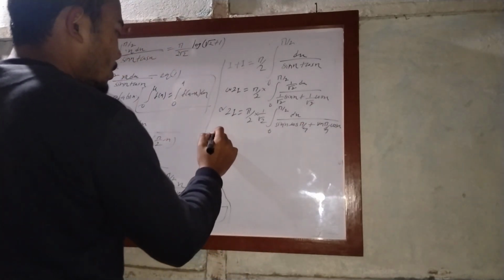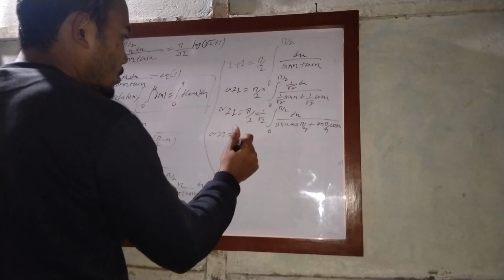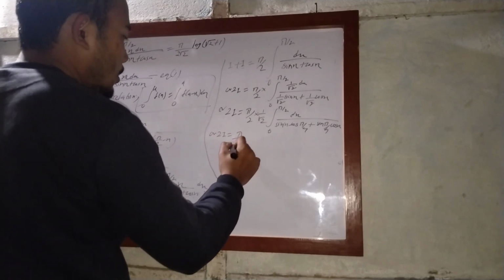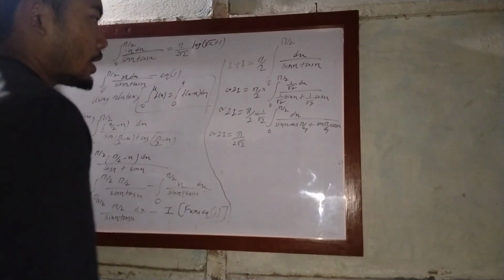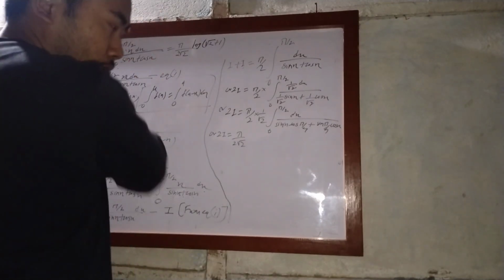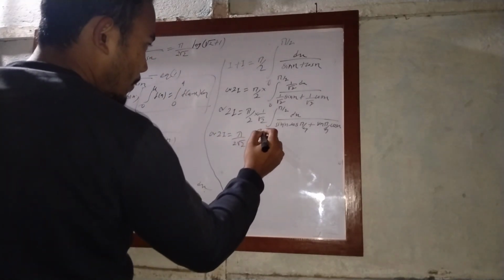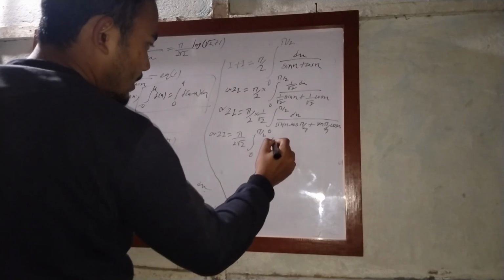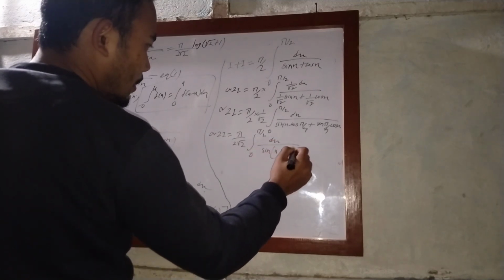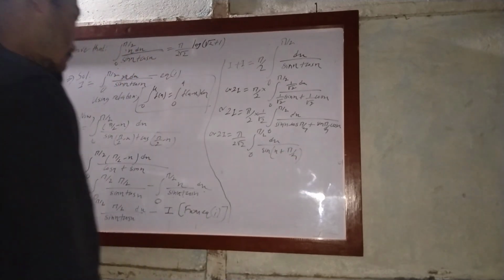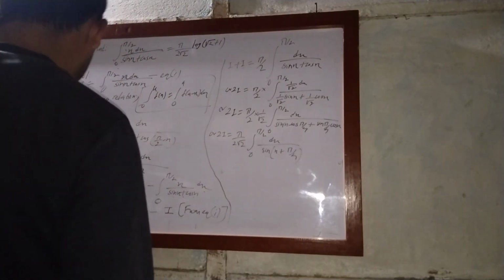Okay, this 2I is equal to pi by 2 dt. We reach nearly to this pi by 2. Now what can I do is the integral from 0 to pi by 2 of dx by sine x plus pi by 4.